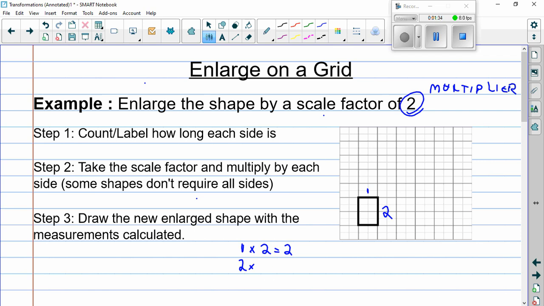You probably are thinking, well, that's really easy. That's just some really simple multiplication. Yeah, and that's all it is with enlargements. So now, draw the new enlarged shape with the measurements calculated. Because we do not have a center, we don't have any specifications of where it has to be. We can draw it anywhere.